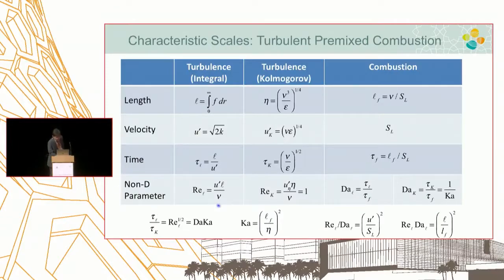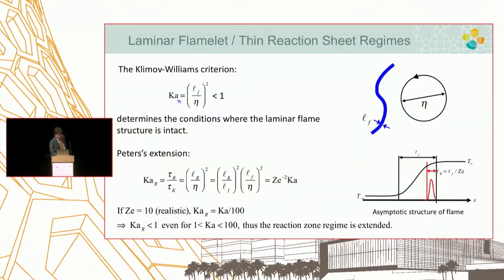By the way, you can easily derive the fact that the Karlovitz number, once again the ratio of tau F versus tau K, is a length scale ratio squared. So it's good to keep in mind. When that Karlovitz number equals 1, it means the flame thickness of the propagating premixed flame becomes equal to the Kolmogorov eddies, which are the smallest eddies you can think of.